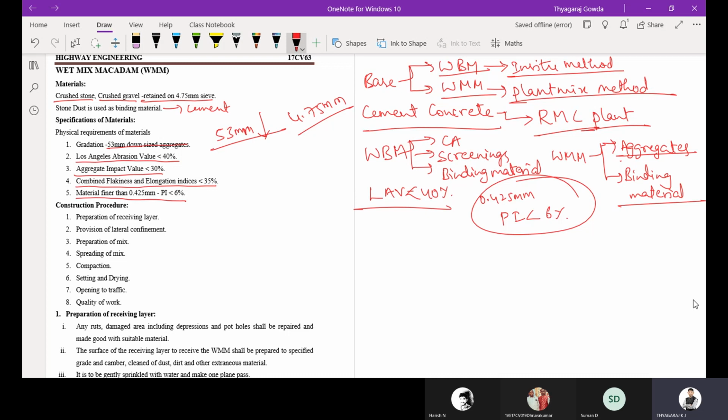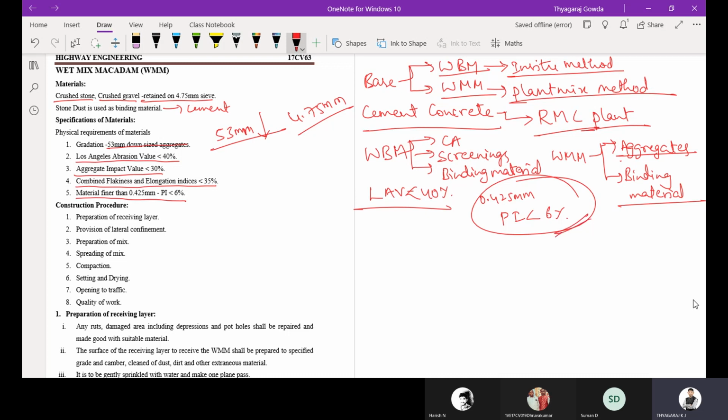So the aggregates have 53 mm downsize, Los Angeles abrasion value less than 40%, aggregate impact value less than 30%, and combined index less than 35%. The binding material is finer than 0.425 mm with PI less than 6%.